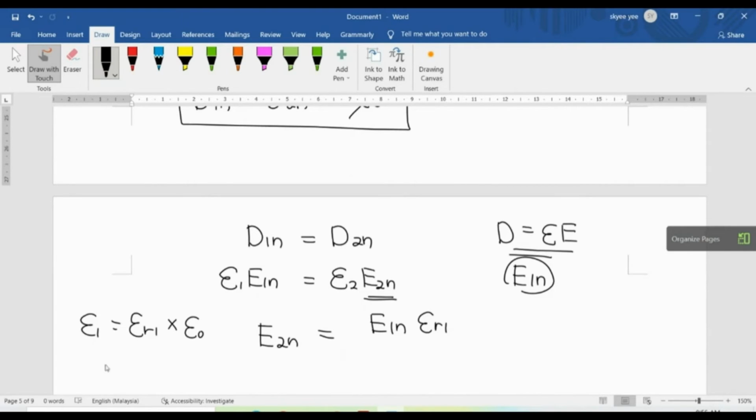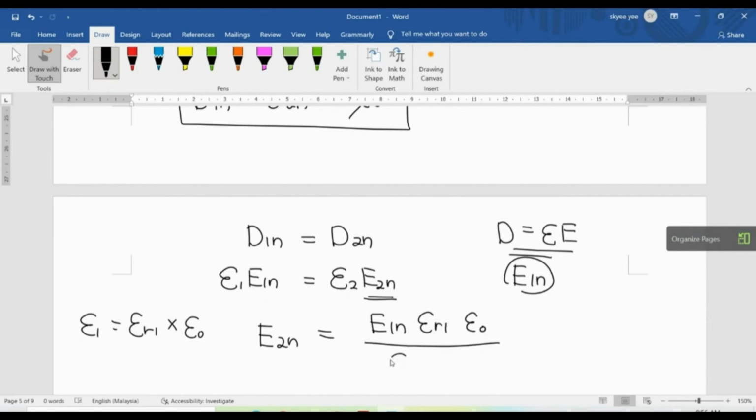You must be clear on this one. I know this can be cancelled out, but sometimes you have to take it into consideration in your calculations, just like our previous questions. You cannot just insert 2, 3, and then your answer will be wrong. So I will always put it.